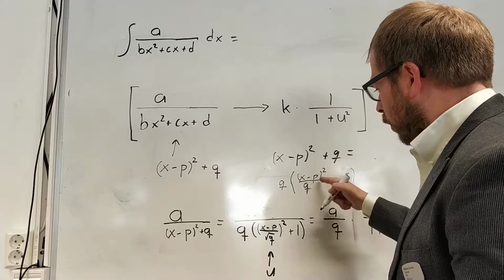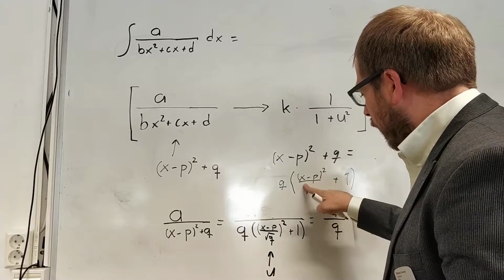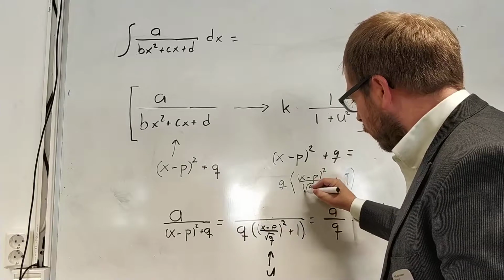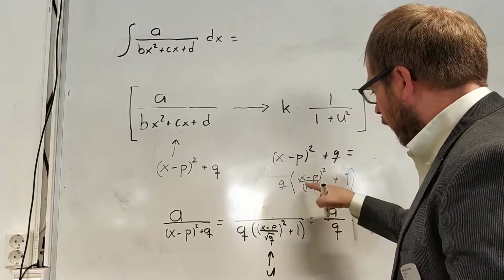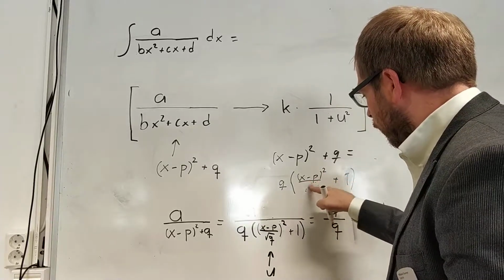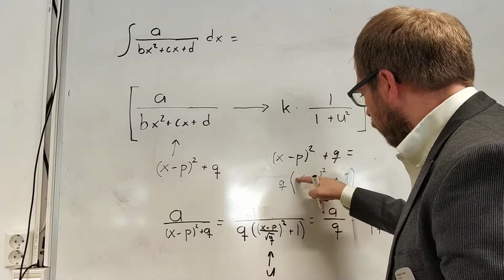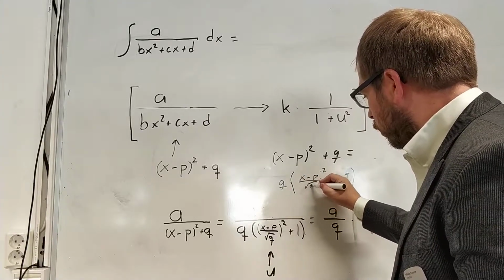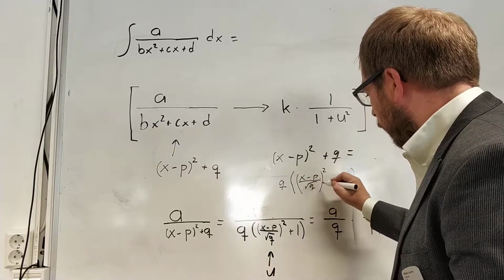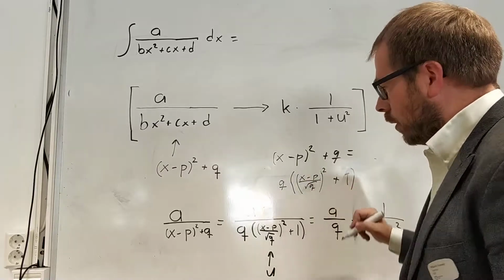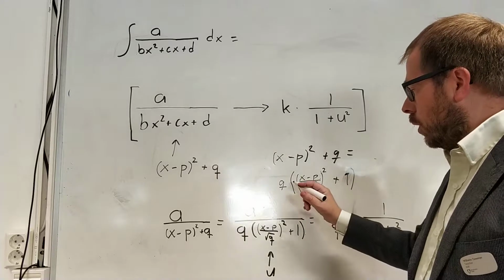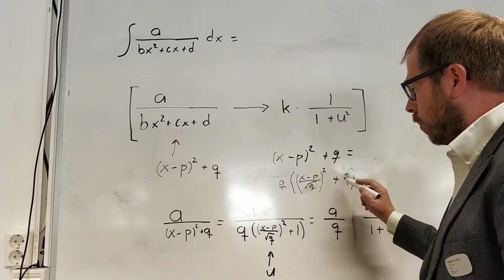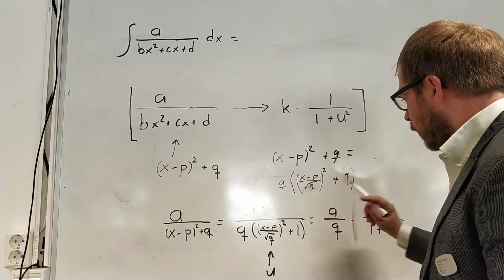And since this was supposed to be a square, if I put the square root of q there squared, I can then put it as a general square. So I have x minus p over root q, everything squared, and plus 1. If you want, you can follow this backwards by multiplying q into the parentheses and then simplifying it.